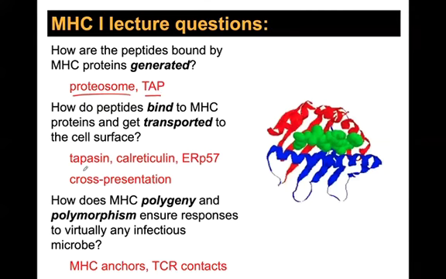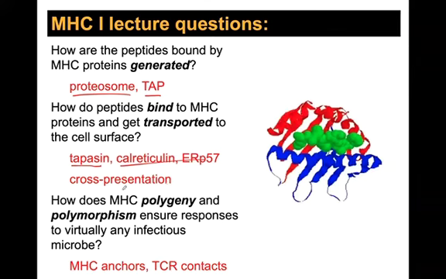The second question is, once you do that, how do those peptides in the ER bind to MHC, allowing that MHC to get to the cell surface? You should know what the job of tapasin is: it binds to TAP and MHC. Then calreticulin and ERp57 hold that MHC open until a peptide binds.